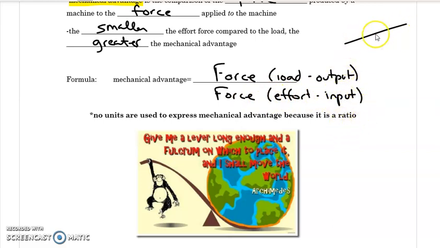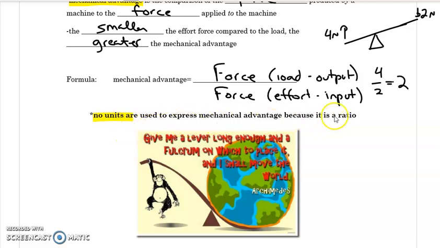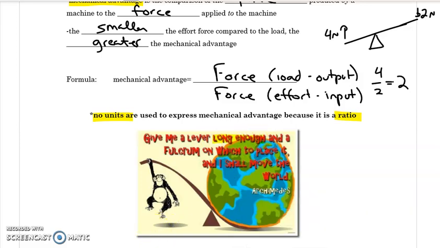So if in this lever I were to apply, let's say, 2 newtons of force, and that generates 4 newtons of force this way, we get 4 over 2, that gets you a mechanical advantage of 2. Now there are no units, as this is a ratio. However, if the fulcrum is long enough, you can wind up actually moving the world according to Archimedes, because the longer this arm here, the more mechanical advantage you're going to be able to generate.